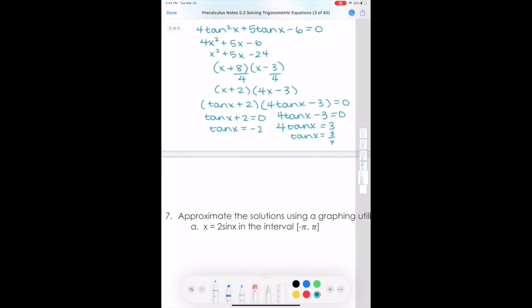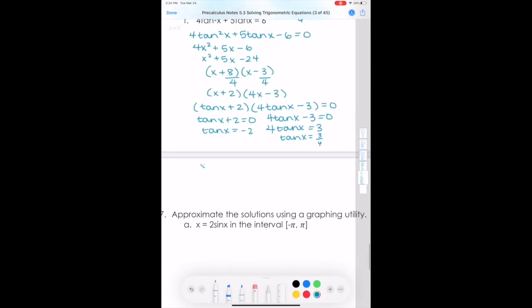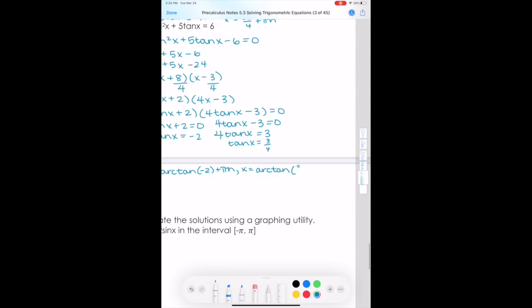Right, so I also don't know when tangent x equals 3/4. So I'm going to say x equals the arc tangent of -2 plus pi n, and x equals arc tangent of 3/4 also plus pi n.